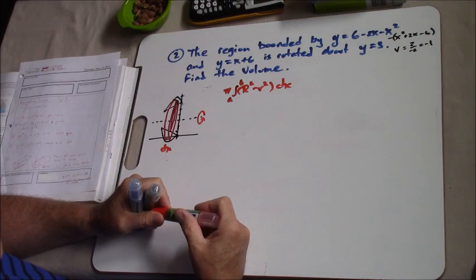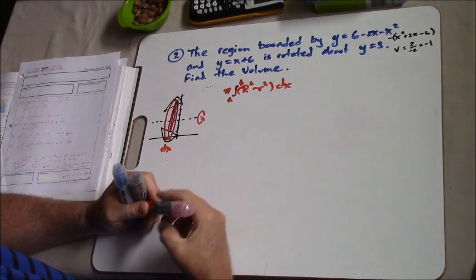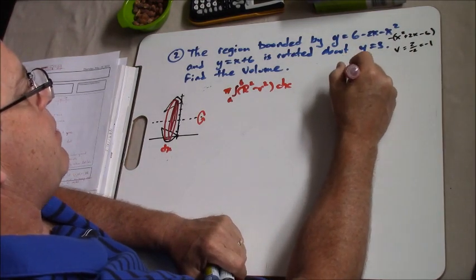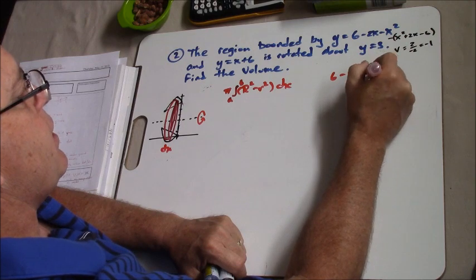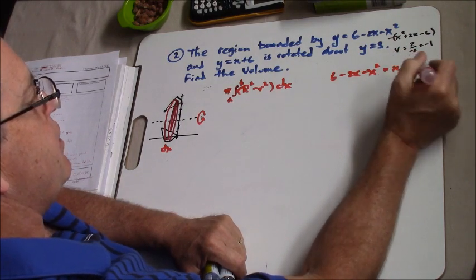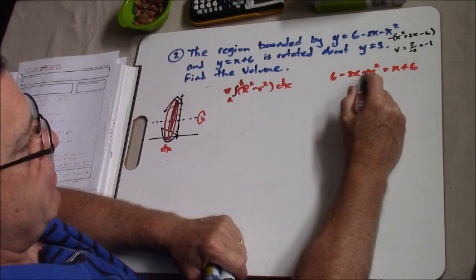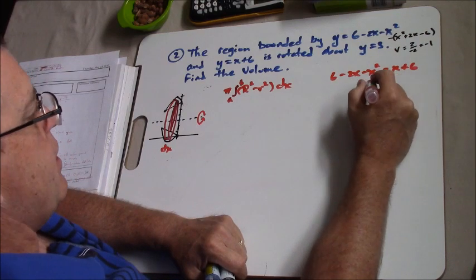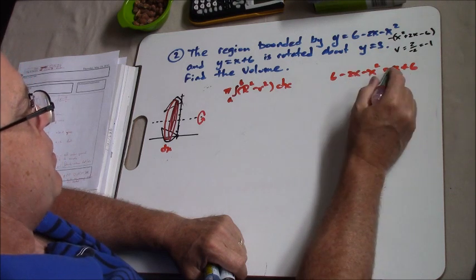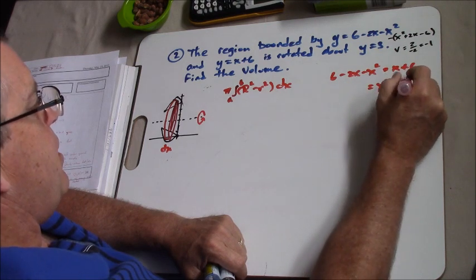So I want everything to be in terms of x's. So I guess the next thing I have to do is figure out my a and b values, where these intersect. So 6 minus 2x minus x squared is equal to x plus 6. This time I'll go ahead and move everything over to the right-hand side. So that'll become a positive x squared. When I move this over and add it, I get plus 3x.